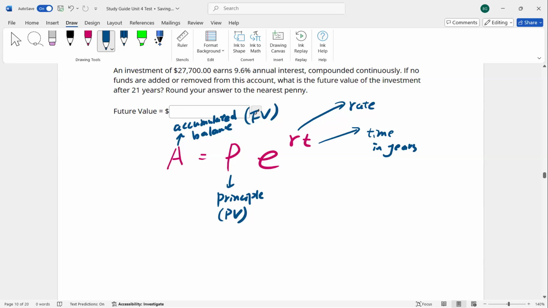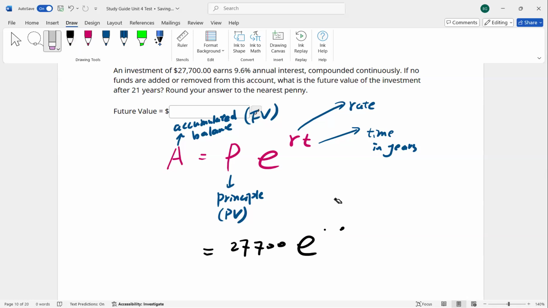Now we can plug in what we have. An investment of $27,700, that is the principal. P is given, so principal 27,700. Put it here. e to the power of r. r is given as 9.6%.